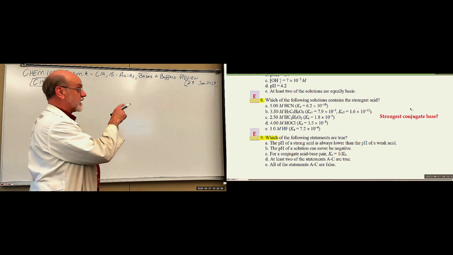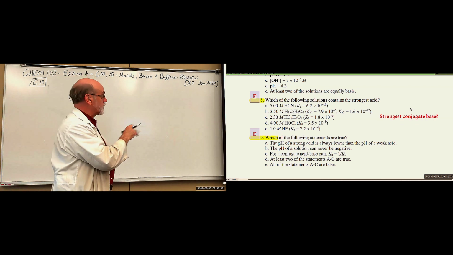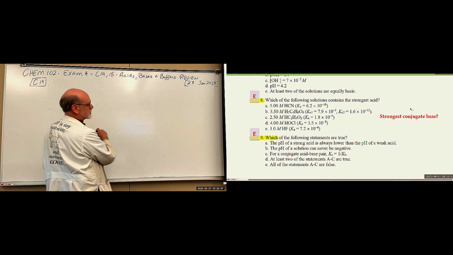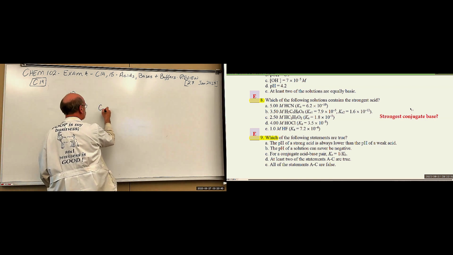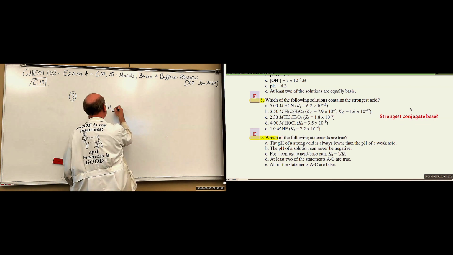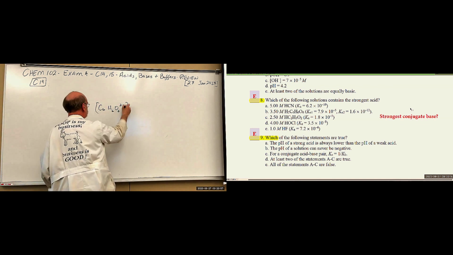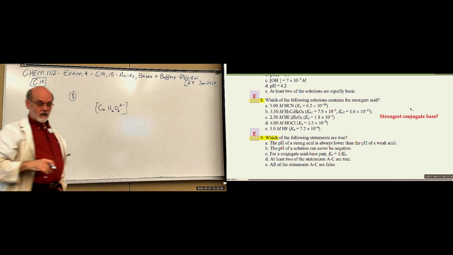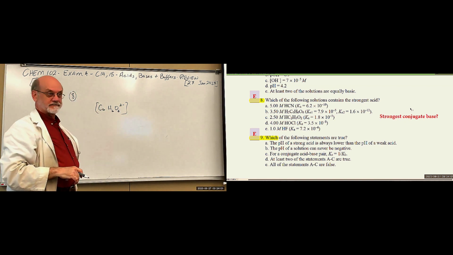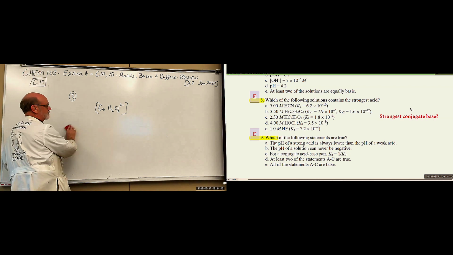Right, because you will get some dissociation. Not much, but a little bit. And it will produce C6H6O6. Like that. That's right. That's the strongest conjugate base out of that group. I'm busted.